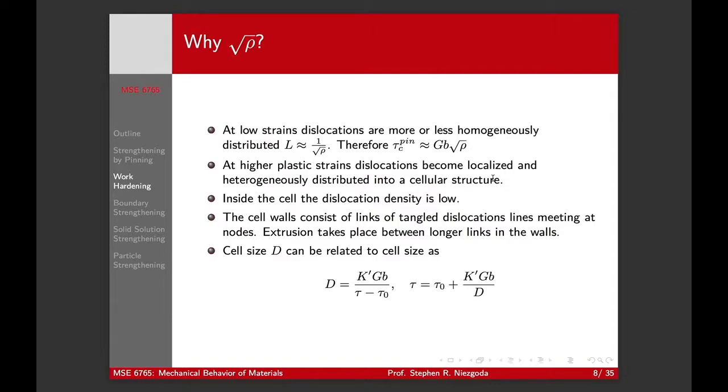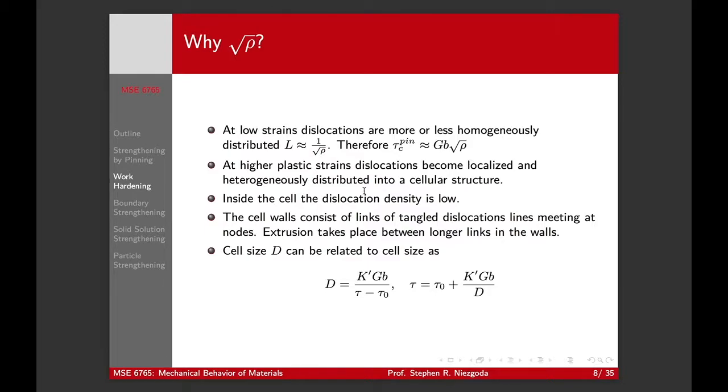Right, so at low strains, the dislocations are more or less homogeneously distributed in your sample. The spacing between dislocations is basically 1 over the square root of their dislocation density. So the pinning strength is going to be proportional to about GB square root rho.